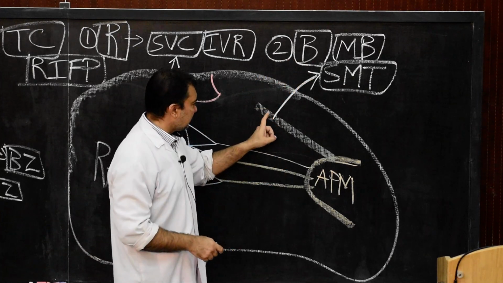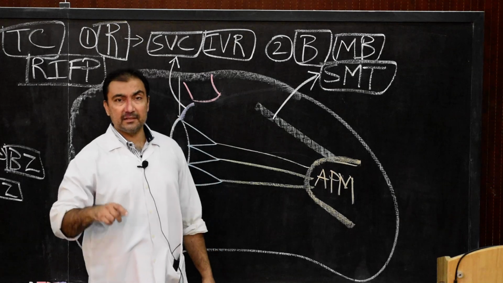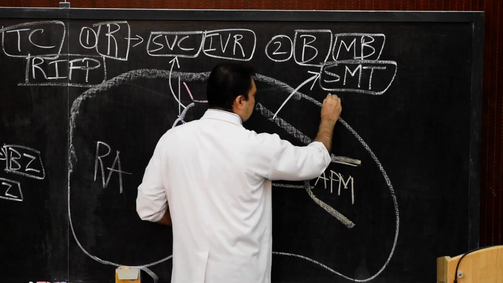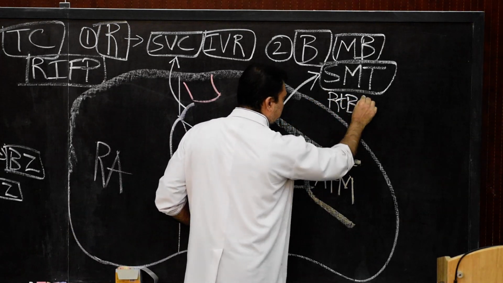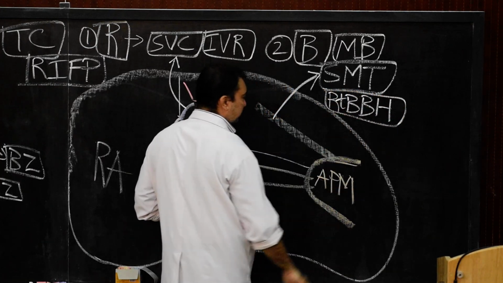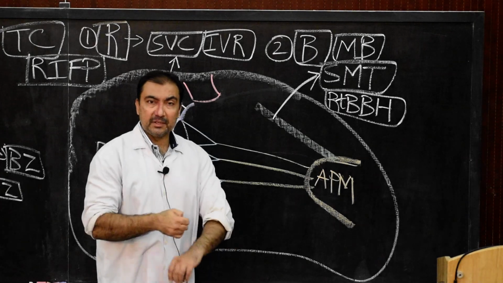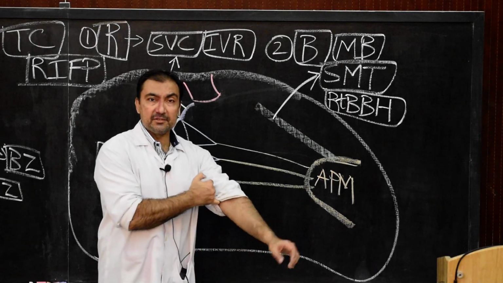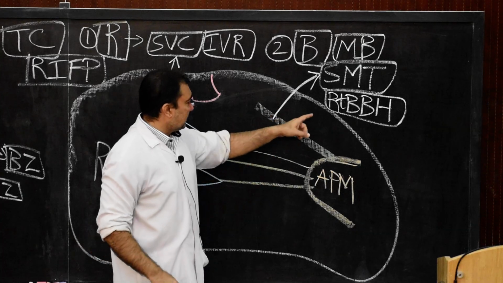And what will it contain? This septomarginal trabecula will contain the right branch, this is very important, the right branch of the bundle of His. And what is this bundle of His? It is called the atrioventricular bundle. So it will contain the right branch of the atrioventricular bundle.